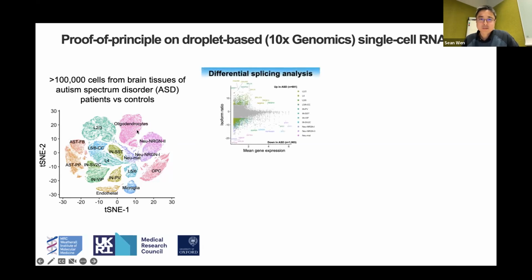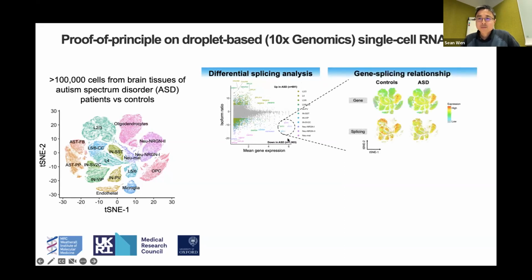And like every single-cell RNA sequencing analysis, we look into the differential splicing analysis first. Over here, we identified 691 splice junctions that are upregulated in individuals with autism, whereas we identified 1,903 splice junctions which are downregulated in individuals with autism.